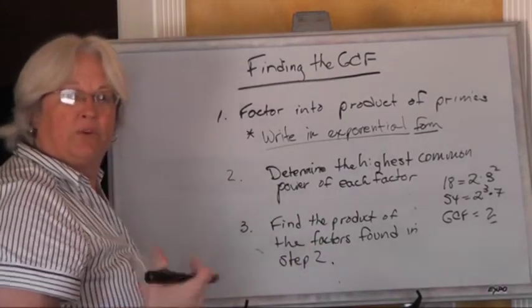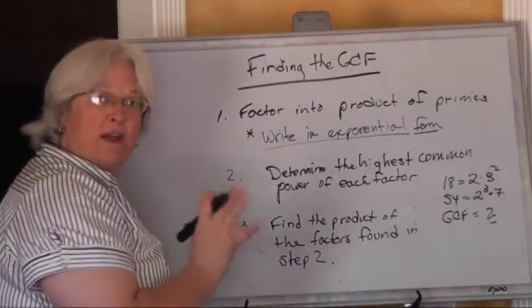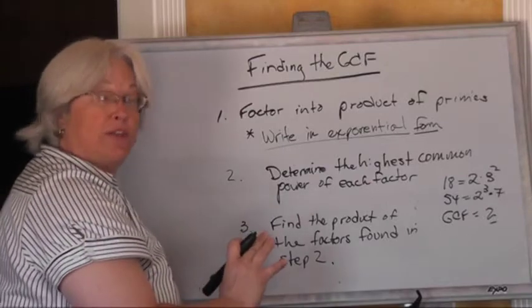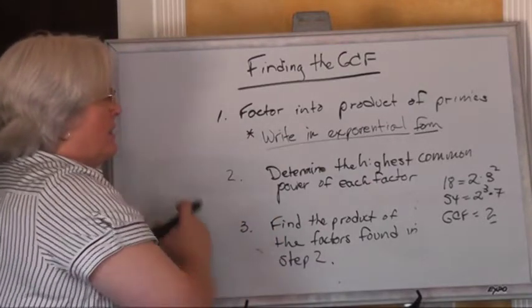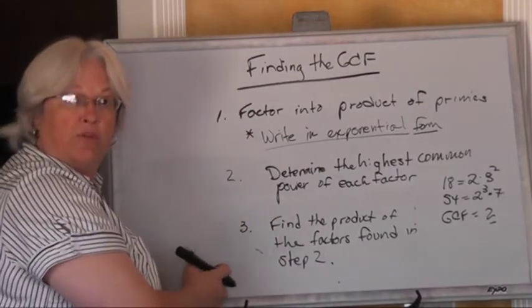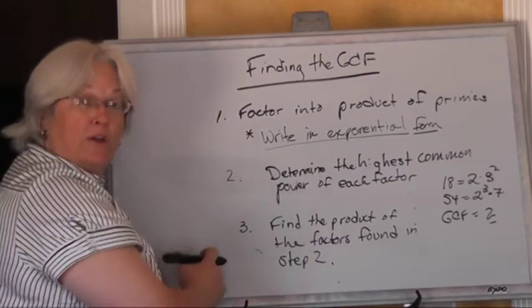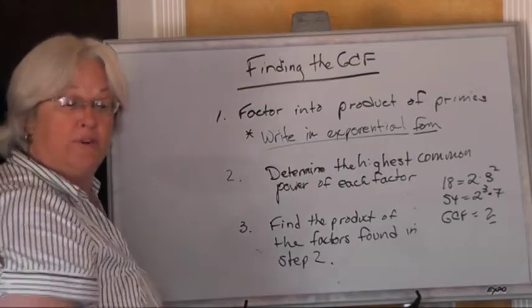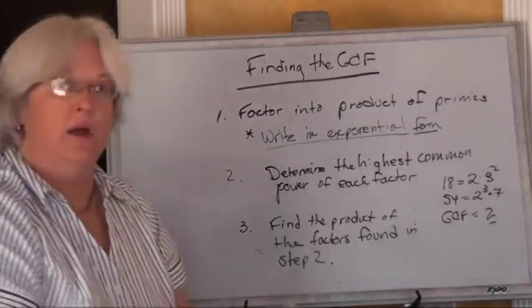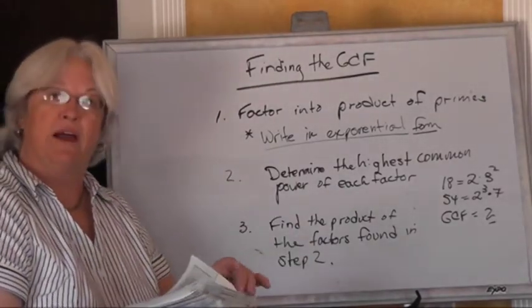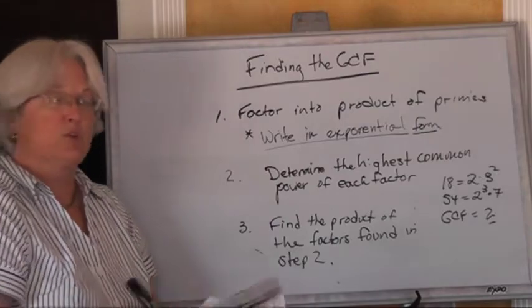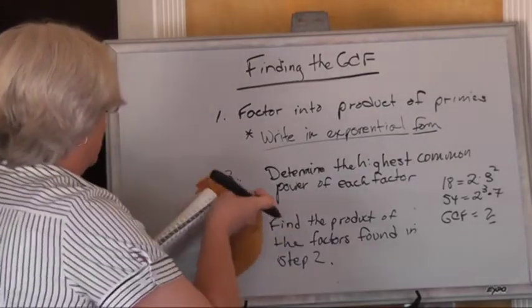I'm not particularly pleased with this lecture because I'm having to look at the board so much to write these words, but this is a process that you should have already learned before you made it here at Algebra 1. This is a good written review of how to go ahead and find the GCF. If you can't find the greatest common factor comfortably, make sure that you do lots of practicing.